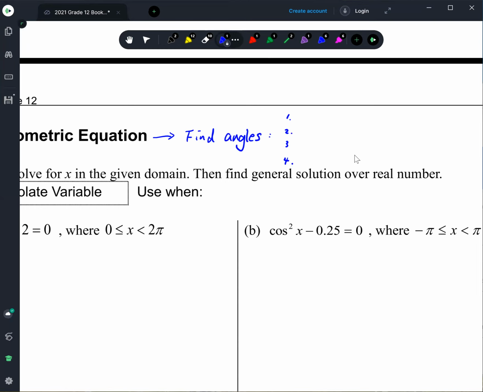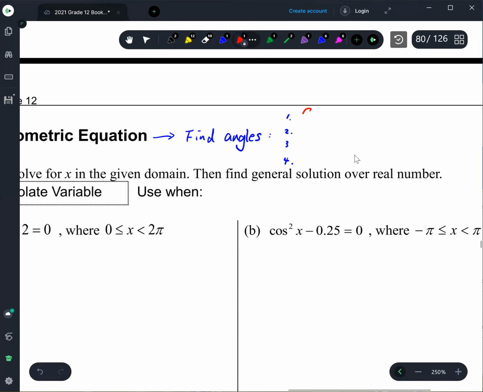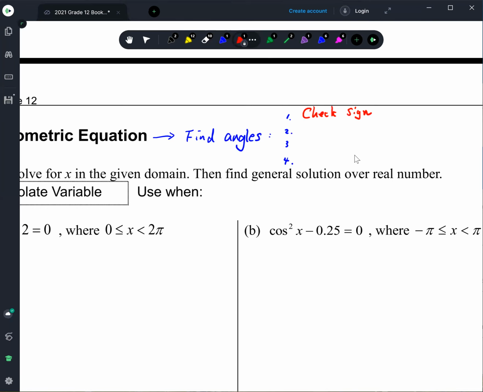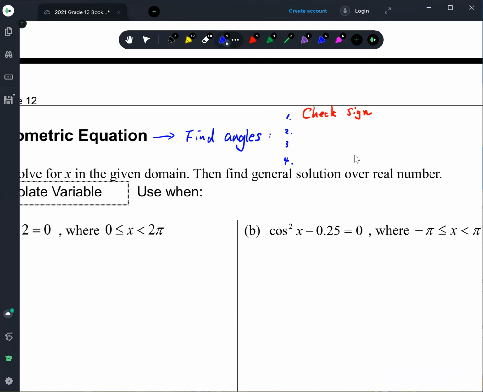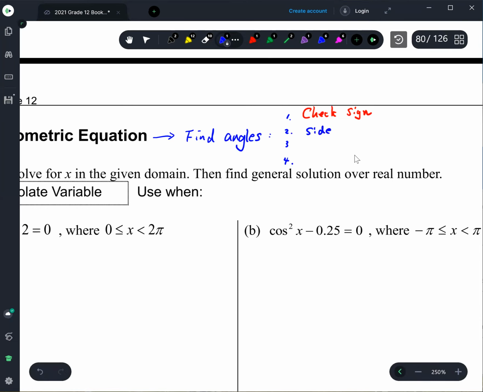Okay, Philip, what will be our first step? Is it to check the sign? Yeah, very good. Check sign. Because we don't know the angle, we want to find the angle, so you cannot start with drawing the angle. So you have to check the sign. And Sophie, what is the second step? Side ratio. Yep, side ratio.